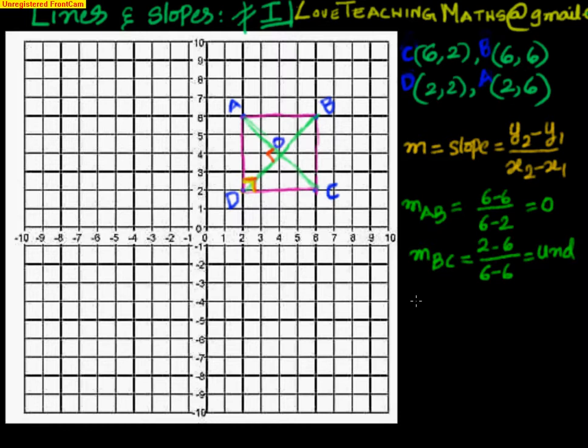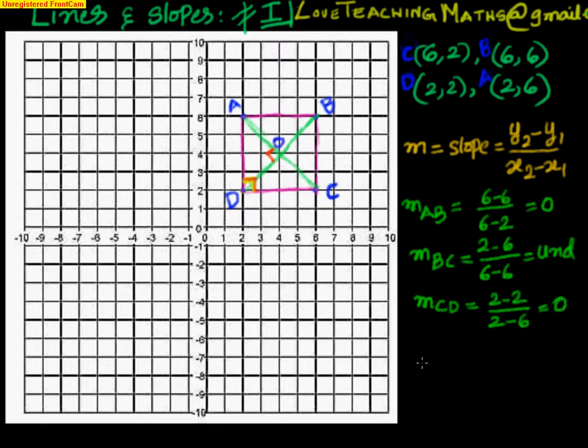Similarly, let me do it for CD. For CD, you see that the y coordinate is 2, so 2 minus 2, divided by the x coordinates, which are 6 and 2. This is 0.